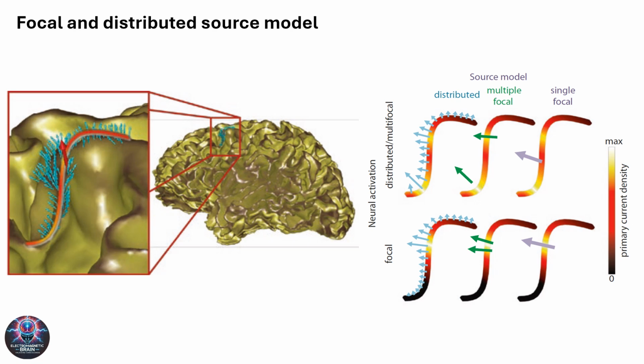While the single focal model is clearly inadequate, the multiple focal model accounts quite well for the true distribution, although the broader blob is less well captured. The distributed model is a more accurate description. In the lower row, the primary current density features a single focus, which is well approximated by a single focal source. The other 2 models are clearly redundant.